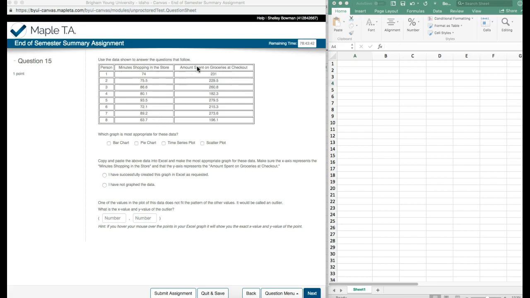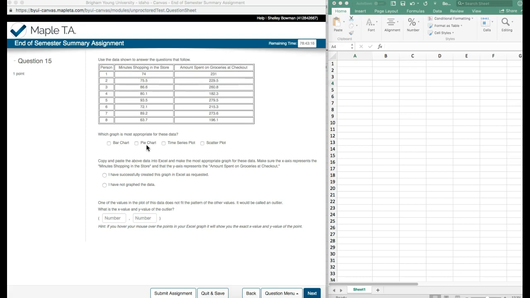We have two sets of data points, so that should be ringing some bells for some of you when I have two sets of data. Speaking of, it says which graph is most appropriate for this data: bar chart, pie chart, time series plot, or scatter plot. A bar chart is a good way to compare things, especially if it's categorical. I don't see any categories here.